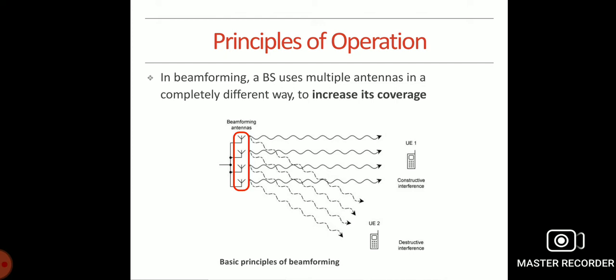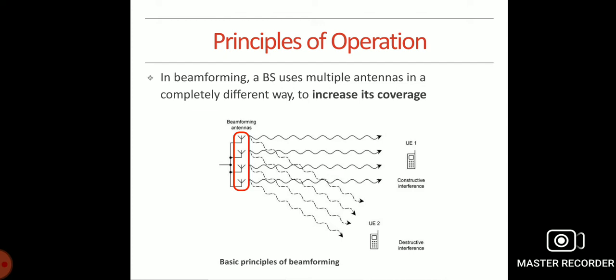Here we can see that in beamforming, a base station uses multiple antennas in a completely different way to increase its coverage. So the beamforming antenna is a multiple transmitting antenna in the base station unit, which provides the signal in phase and quadrature phase shifted.